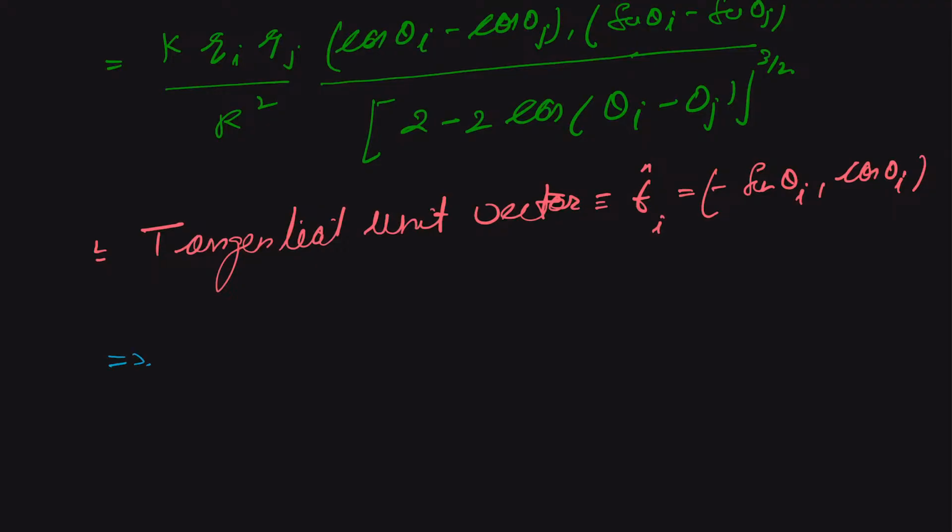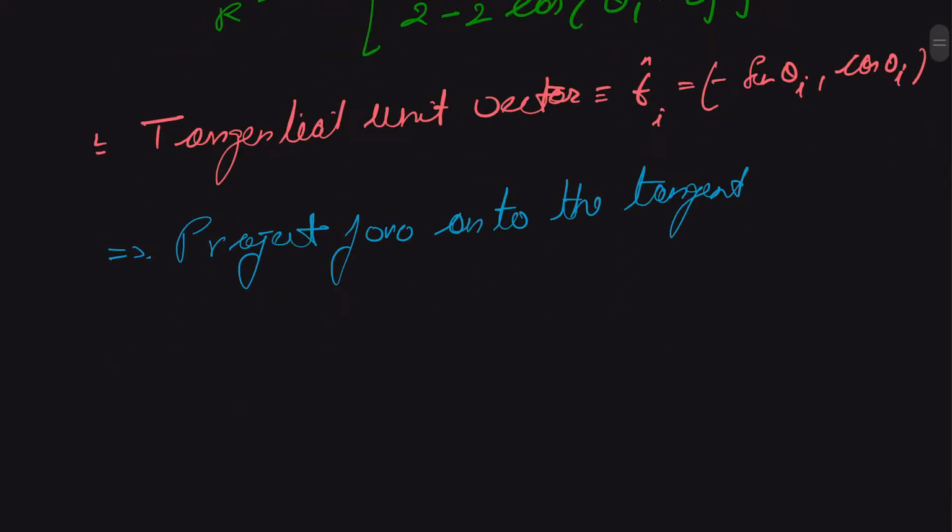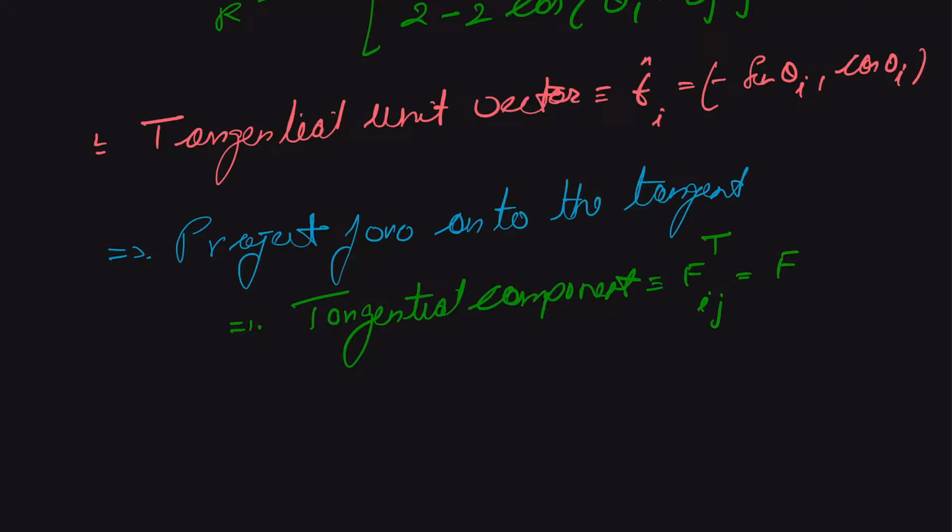Therefore we can project the force onto the tangent, and because of this we are going to get the tangential component, let us call this Fij tangential, which will be equal to the force dotted with the unit vector.